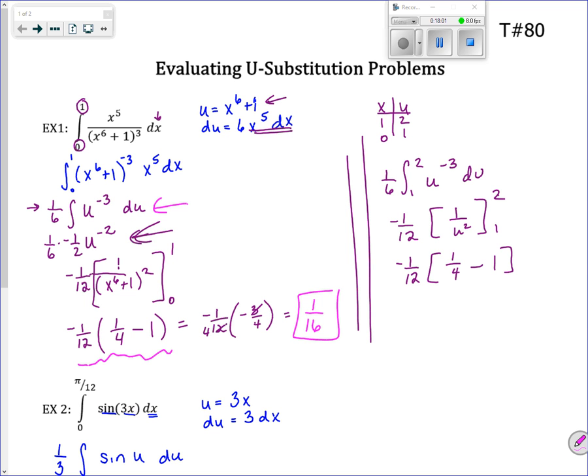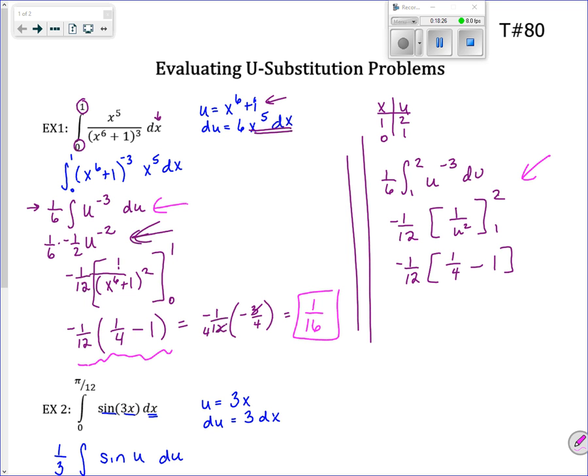If I did it this way, I kind of prefer that way, just because it looks a lot less complicated. So I like that, but you can do it both ways. So I just wanted you to be aware of that. If you're doing definite integration, you can change the bounds and never change back to x. If you don't like that, then don't do that.